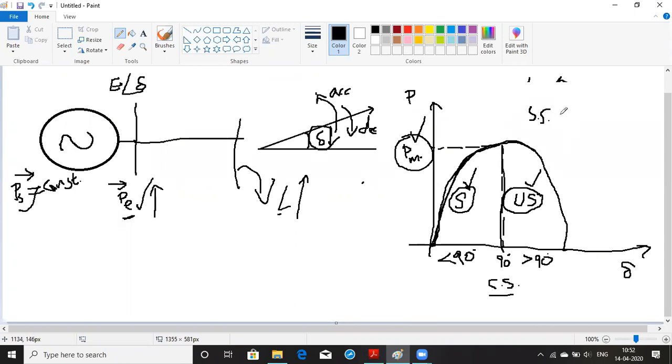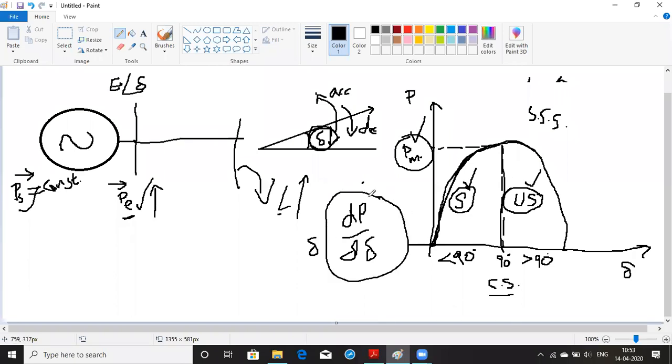So what we have gone through is steady state stability. We are trying to achieve one condition: how the active power is changing with respect to the change in delta. When delta is changing, how is the active power changing?